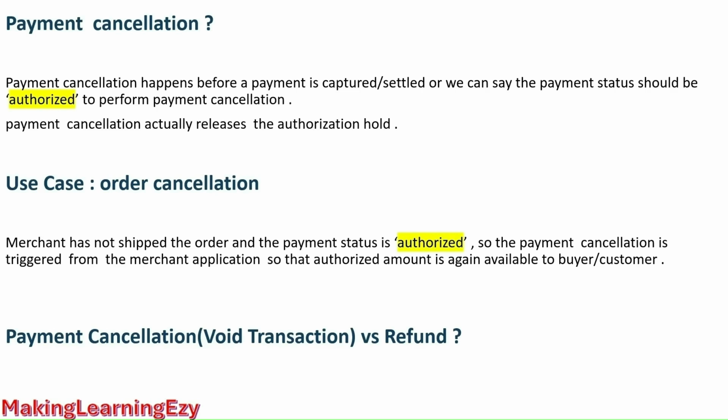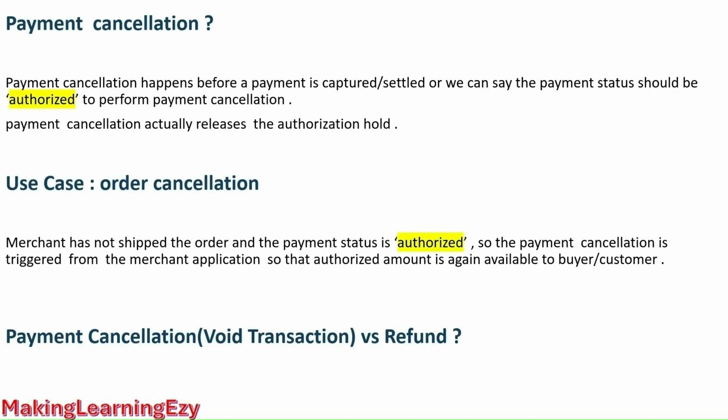Payment cancellation is different from the refund, but from the customer point of view, both things are the same, because in both cases, the customer gets the order amount back to their account. But technically both things are different, because payment cancellation is only possible if the payment status is authorized.